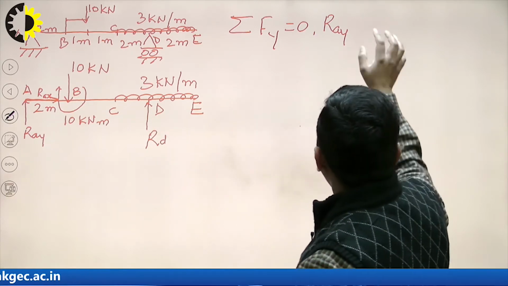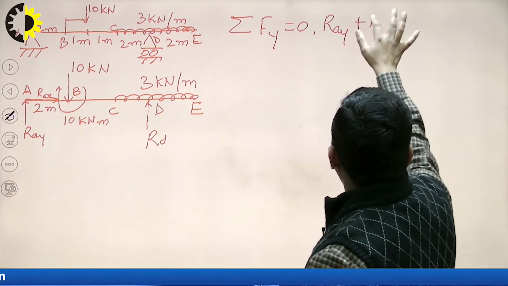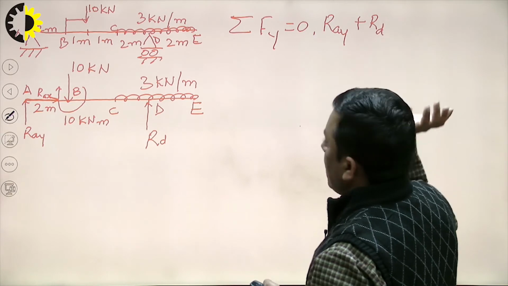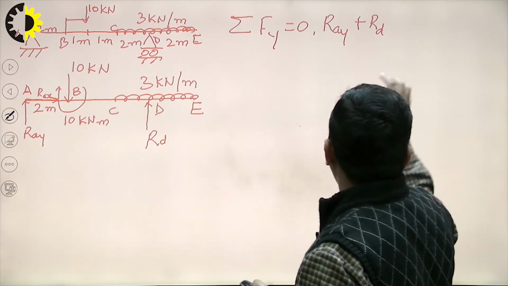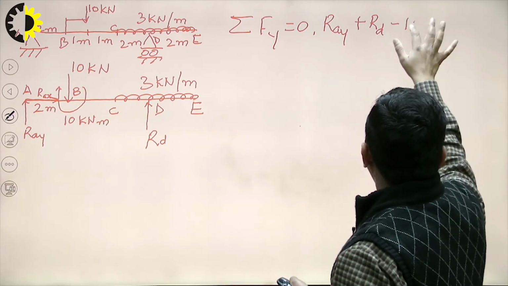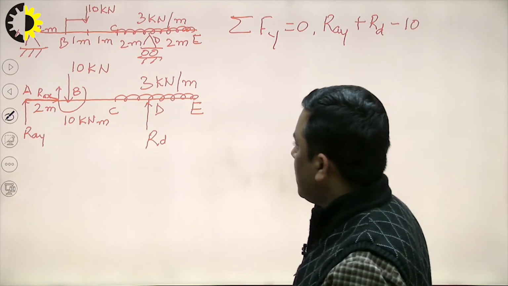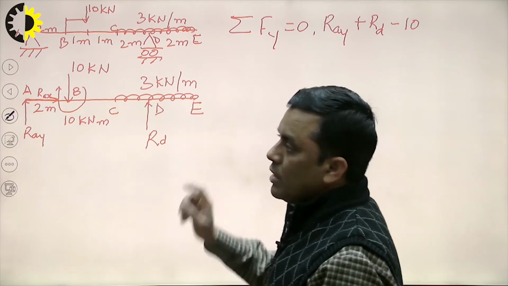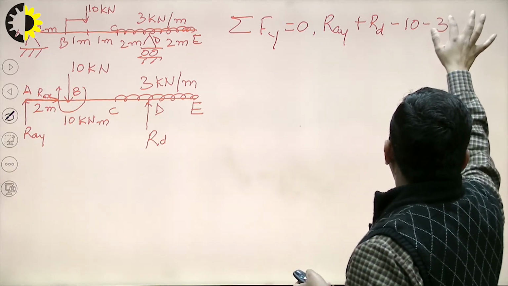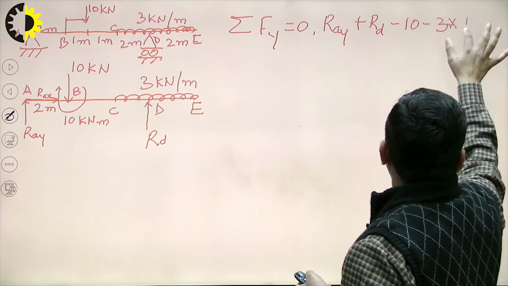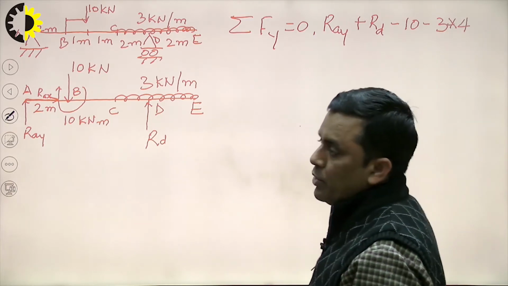At point D, there is a force which is also vertically upward, which is RD. Then at point B, there is a vertical downward force of 10 kilonewton, so minus 10 I am taking. From C to E there is a UDL, and I can convert this UDL into an effective load of 3 into 4, that is w into L.